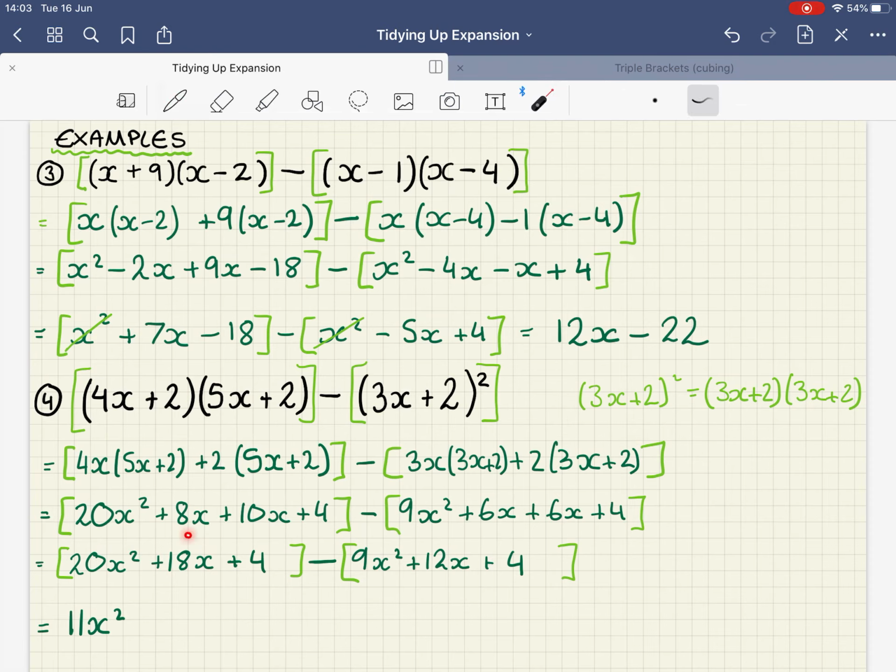Then I have 18x take away 12x. 18 take away 12 is 6, so that's going to be plus 6x. Then 4 take away 4, that's just going to cancel each other out, so I'm going to have nothing left. So that's my final answer.